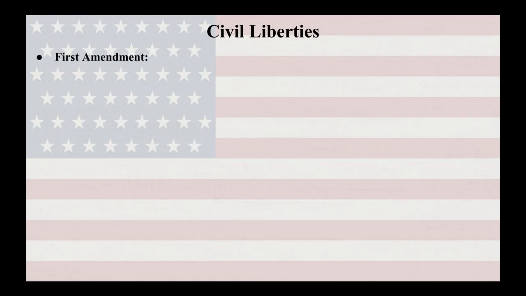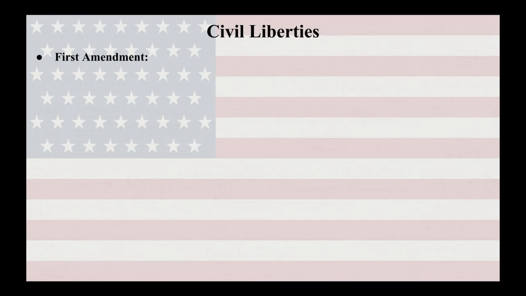Now, what you have to understand as we start looking at the amendments is that nothing is absolute, right? You do not have unregulated and unfettered freedoms to do as you please. Even though these things are protected, everything has a limit. There are no absolutes.